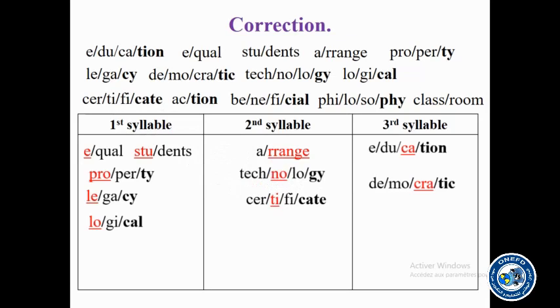Action, it's a two-syllable noun, so the stress is on the first syllable. Beneficial, the stress is on the syllable just before the suffix. Let's count, not number 1, not number 2, but number 3, so third syllable.